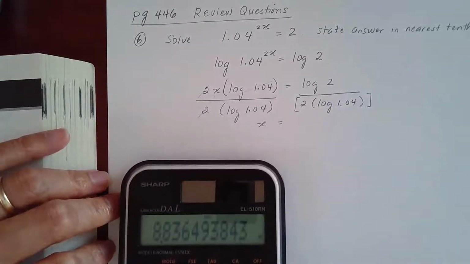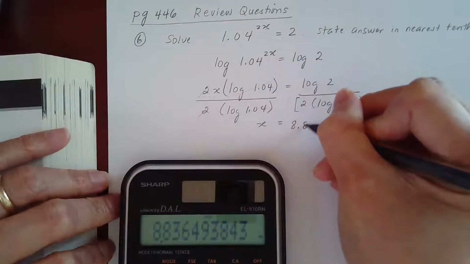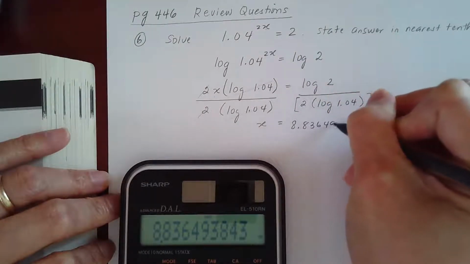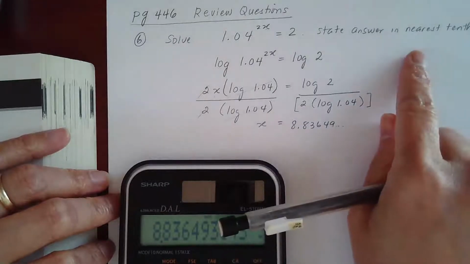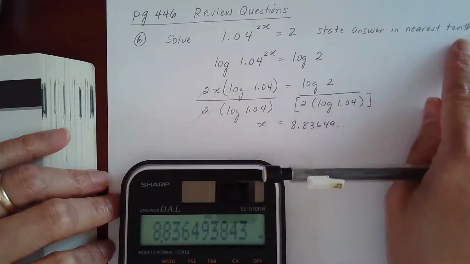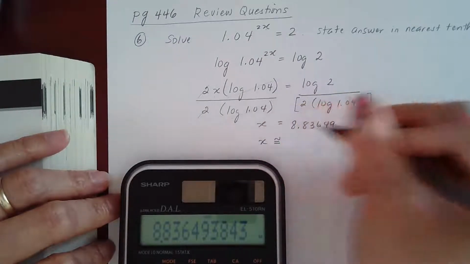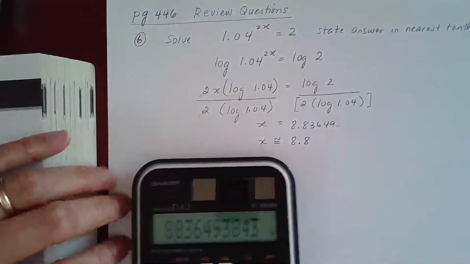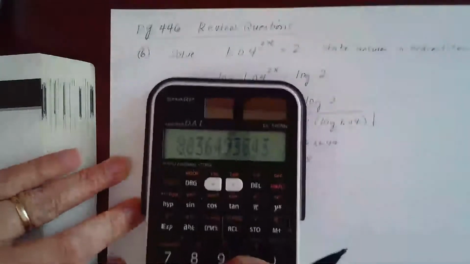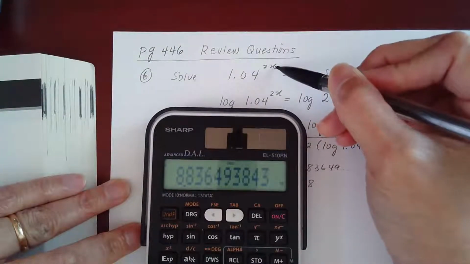I get an answer of 8.83649. It's just a long string of numbers, but they said to state it to one decimal place, the nearest tenth. So if we round it off, this is approximately equal to 8.8.